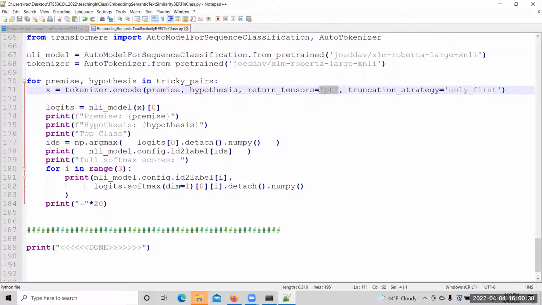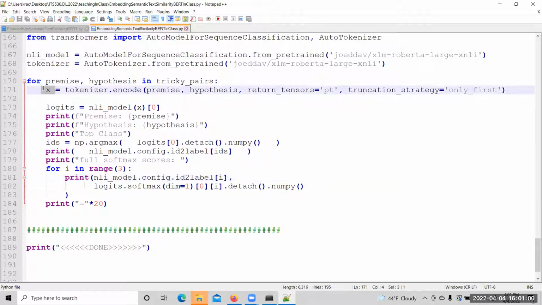It'll return a PyTorch tensor. Notice that if we wanted TensorFlow, we would say TF, but when we want PyTorch, we use PT. And the truncation strategy is to truncate the premise, so that if it doesn't fit in the 512 tokens.